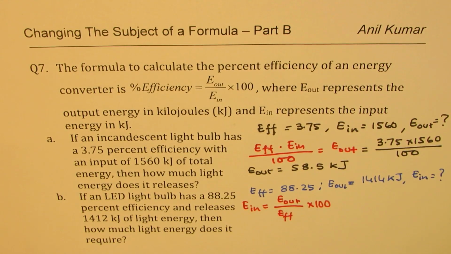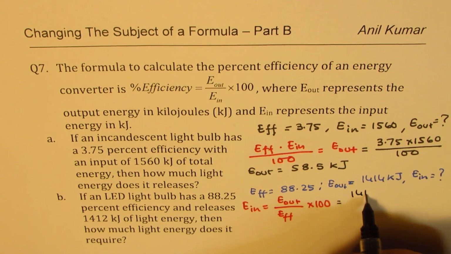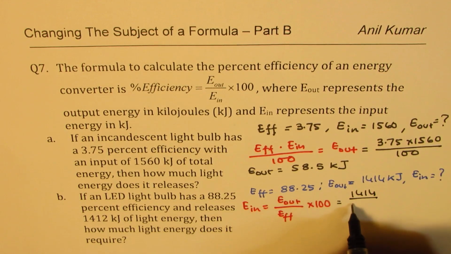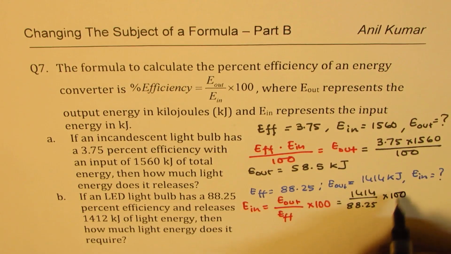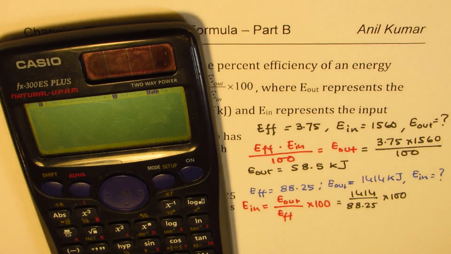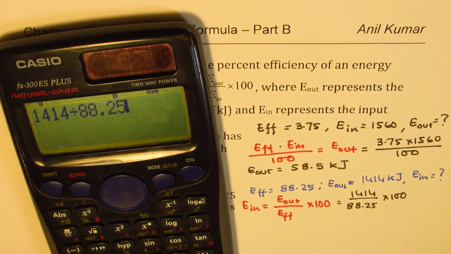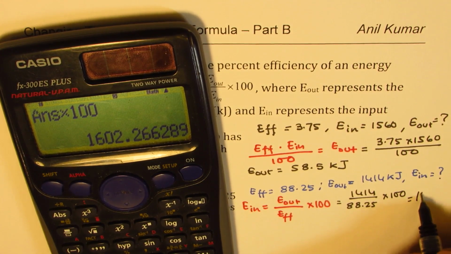So let's calculate the input this time. We have output of 1414 divided by efficiency of 88.25 and multiplied by 100. So we have 1414 divided by 88.25 times 100 equals, in decimals, 1602.3, let us say.